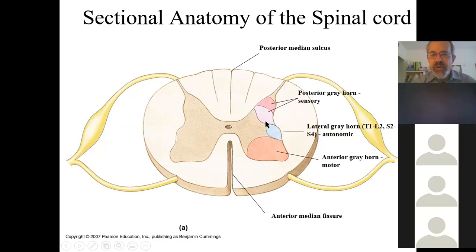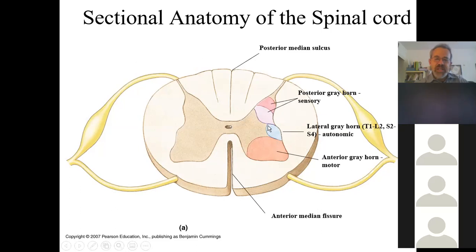There is a third area called the lateral horn, and this is going to be important for when we start talking about the autonomic nervous system a little bit later this morning. If you remember, the peripheral nervous system is divided up into the somatic branch, right, which consists of nerves that are going to the skeletal muscle. This would be like this.